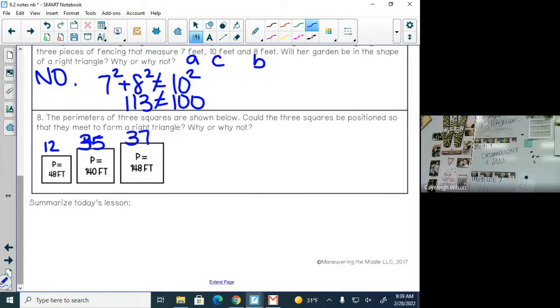So now use your Pythagorean converse to figure out if a squared plus b squared equals c squared, then yes, it would form a right triangle.